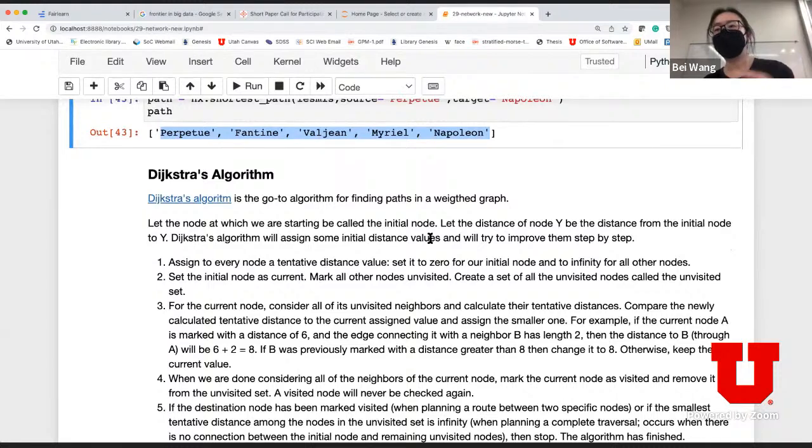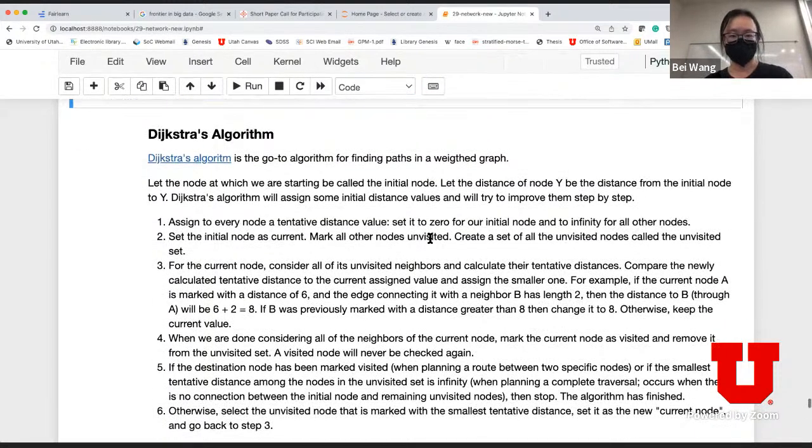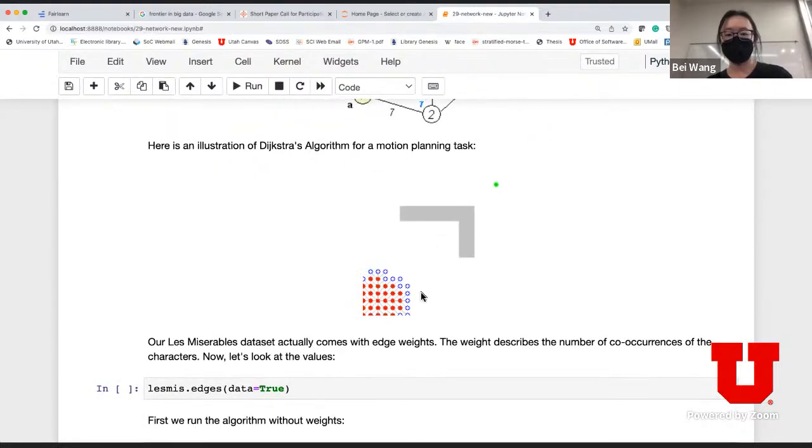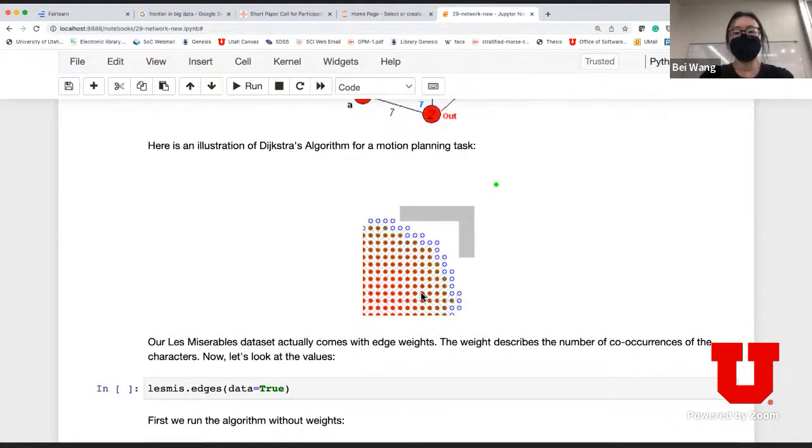And then the one I just spent at least 8 minutes on is Dijkstra's algorithm, which is the go-to algorithm to find the shortest path in a weighted graph. This is actually an animation of it. It shows, when I'm running this algorithm, how I'm locating my next target. And you can see that when it encounters some sort of obstacle, it's going to slowly go around it.